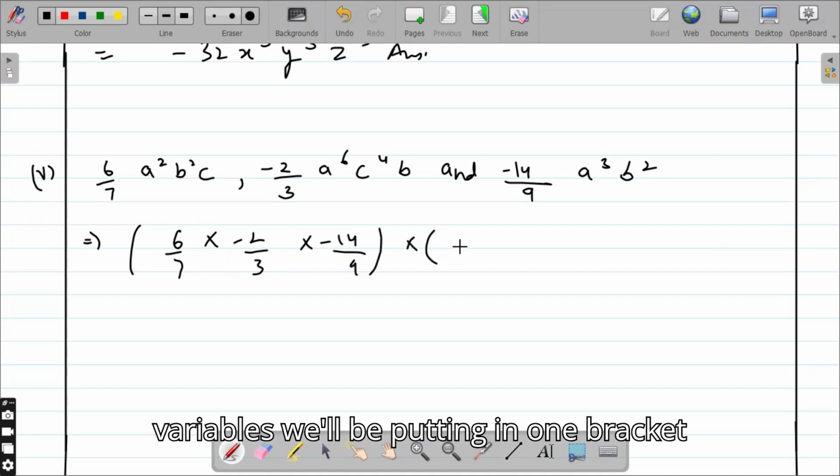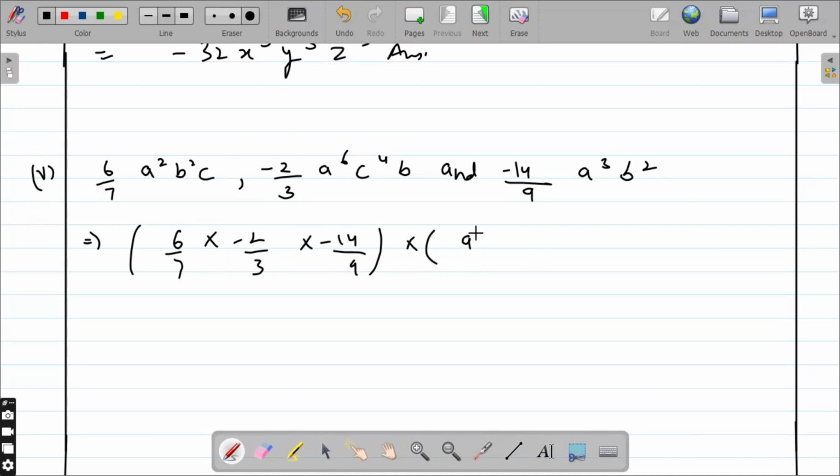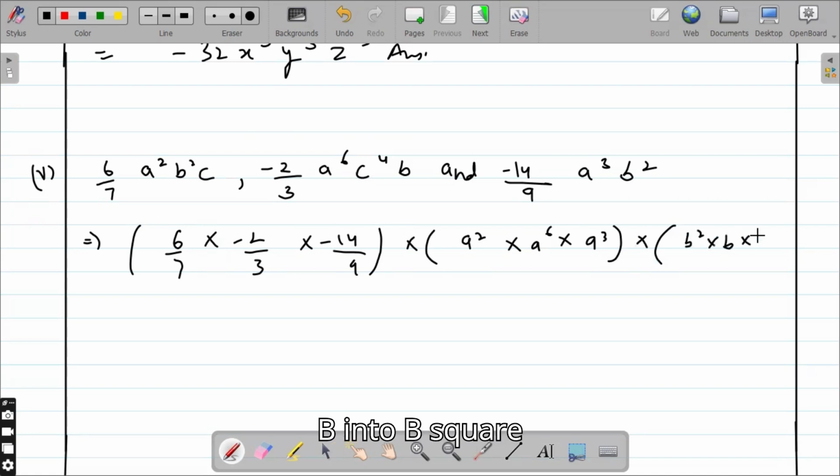Then all the variables we'll be putting in one bracket, that is a^2 into a^6 into a^3, b square into b square, and in multiplication c into c^4.